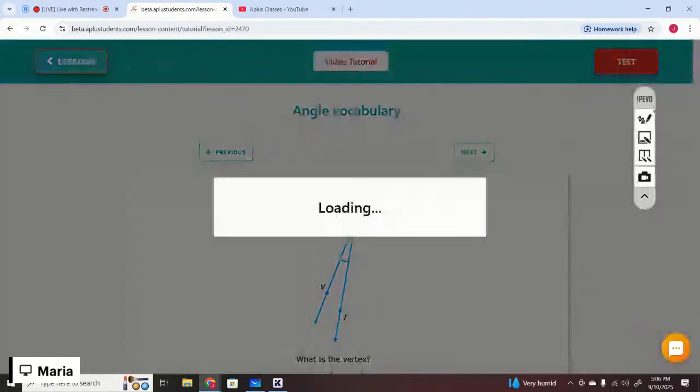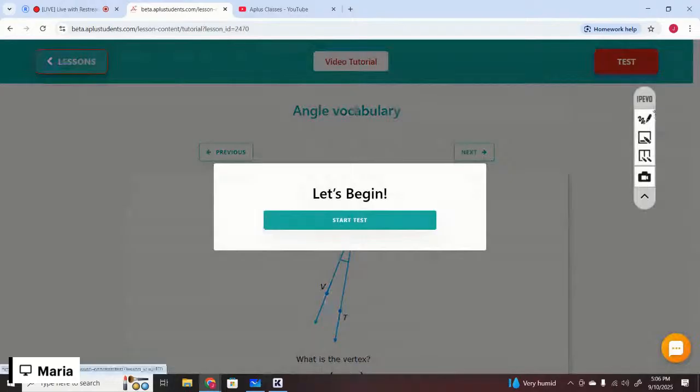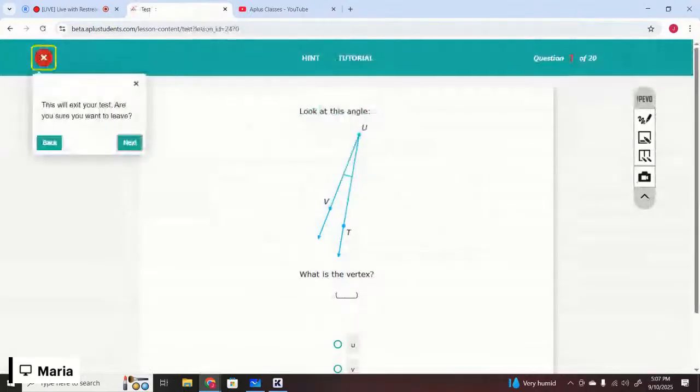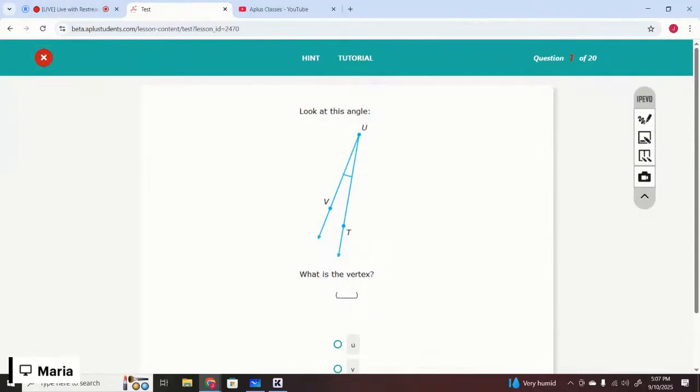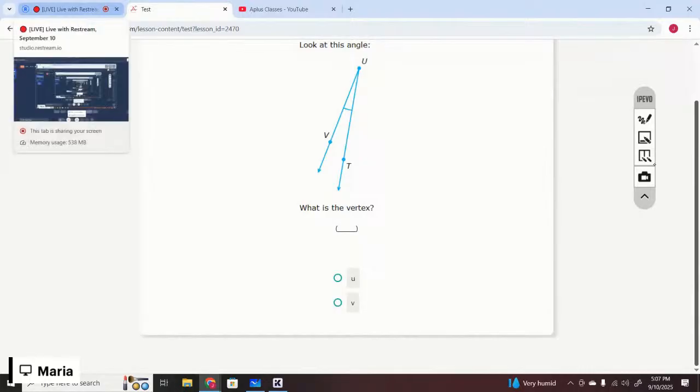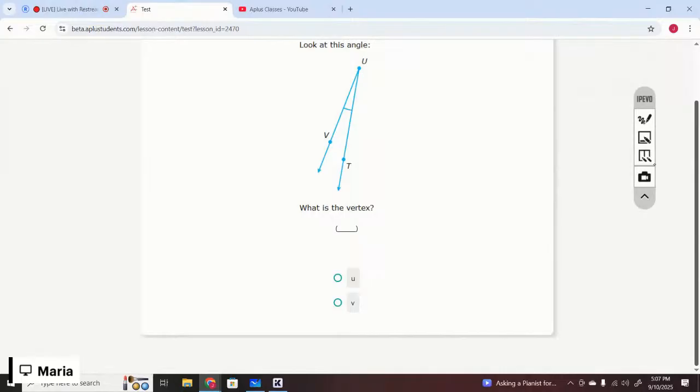Let's just start with the test questions. Look at this angle. What is the vertex? That is U. Option number one is the correct option.